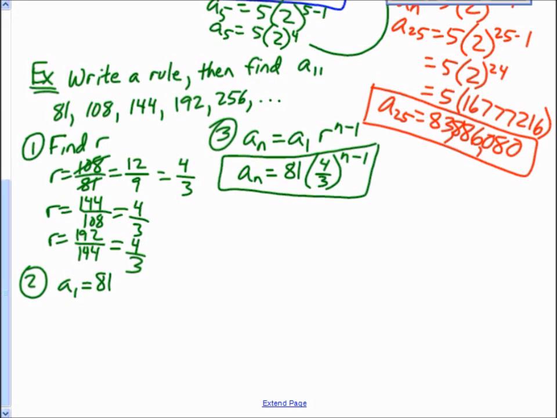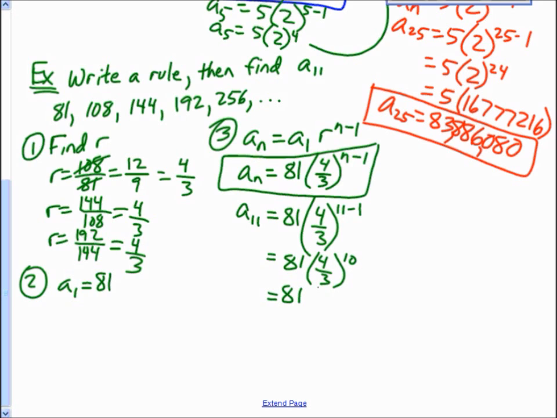And then this is asking us to find A subscript 11. So the 11th term here. Find the 11th term. So 81 times 4/3 to the 11 minus 1. 81, that's 4/3 to the 10. So that's 81 times 4 to the 10th over 3 to the 10th.